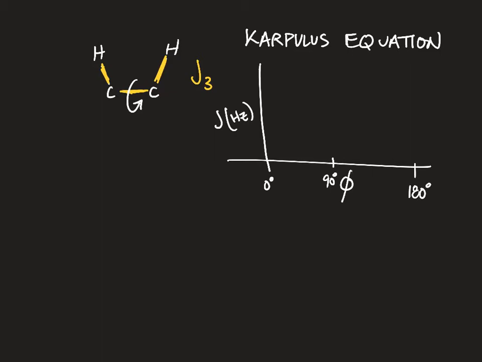It's a cosine relationship. What we know about the Karplus equation is that it's at its minimum at 90 degrees, and it's a kind of distorted cosine function, at its maximum at 180. And so this range that we tend to see, this is about 10 hertz right here. This is 15 or so. And these are the ranges.